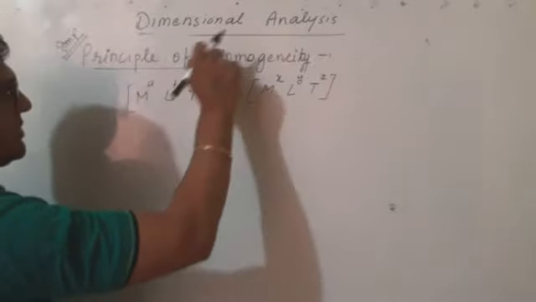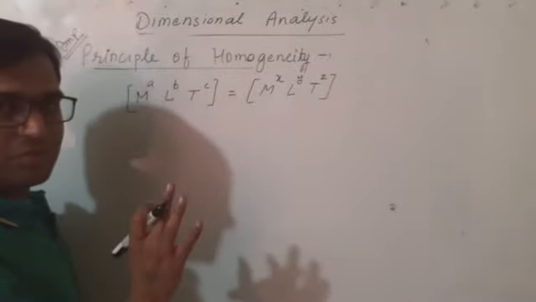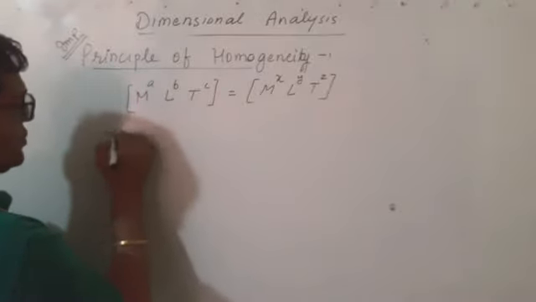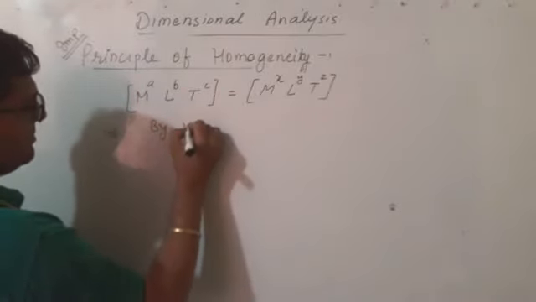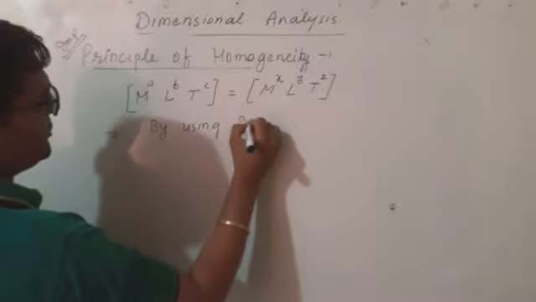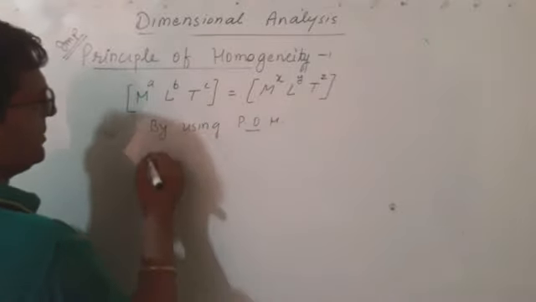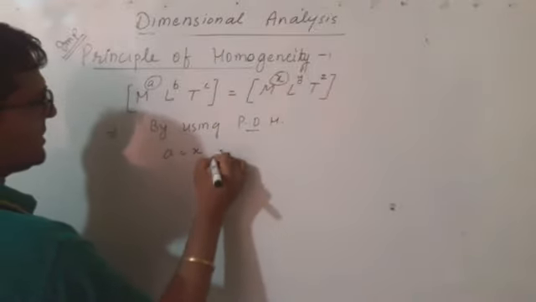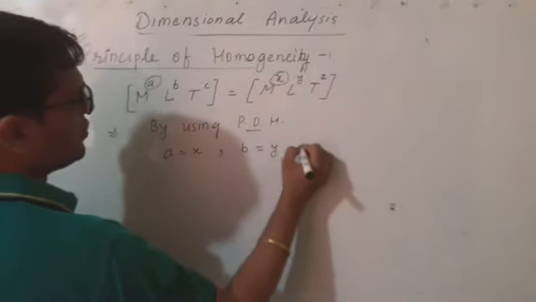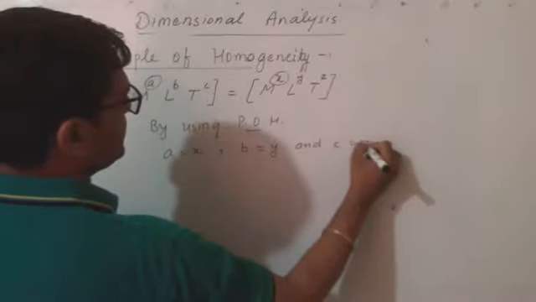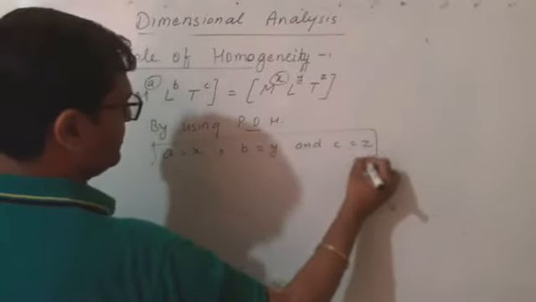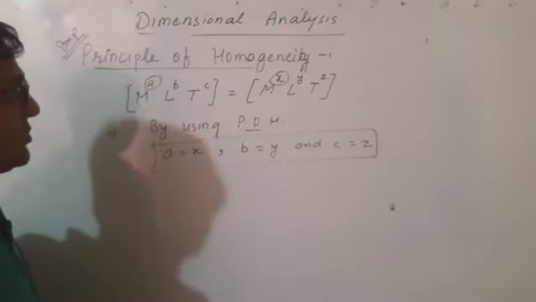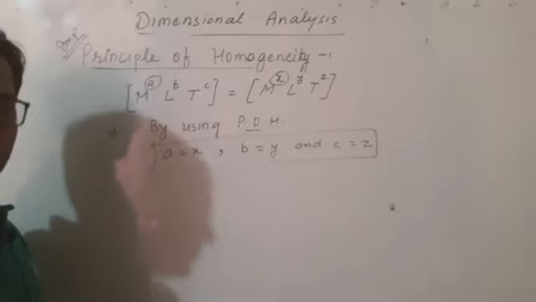So according to the principle of homogeneity, we can compare these two if they are the same quantity. So by using the principle of homogeneity, I can say a equals x, b equals y, and c equals z. So this is your principle of homogeneity.